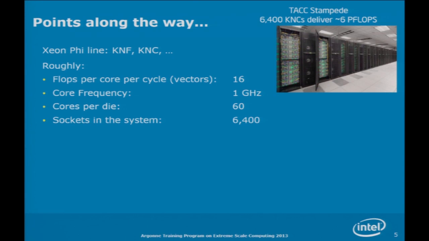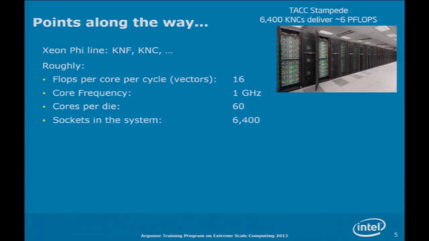I think marketing has a number for this. It's called X100, I think now. Does anyone know? No, it doesn't really matter. But the Knight's Corner chip is the one that's shipping, and that's the one being used in the Texas Advanced Computing Center at the University of Texas in Austin, which delivers about 6 petaflops with 6,400 such nodes.